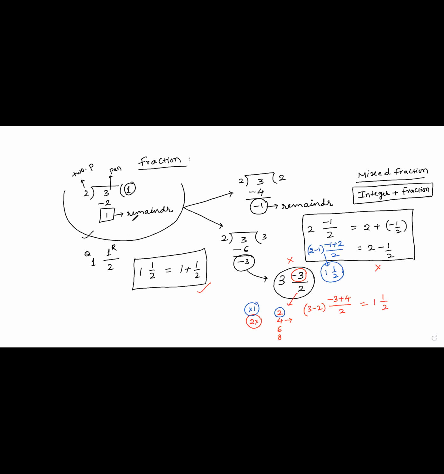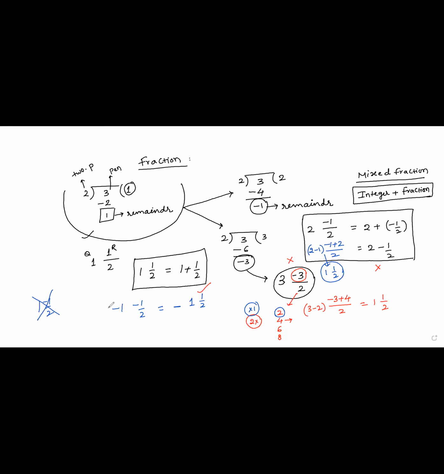And there is another mixed fraction type also. Suppose -1 -1 by 2 is there. Let us think: your quotient is negative, your remainder is also negative. In this case, you can write this as minus 1 by 2 for the whole part, not for a single part. This is the whole part. 1 minus 1 by 2 is a different one.